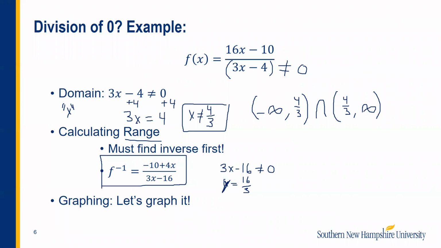And so when we're looking at that, y cannot be 16/3, and therefore our range, our y values, would have to avoid 16/3 as well. So the -infinity to 16/3 and 16/3 to infinity. But because we have the parentheses there, this tells us that it does not include that number. It includes everything but that number.